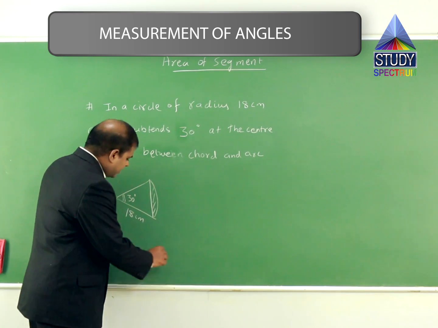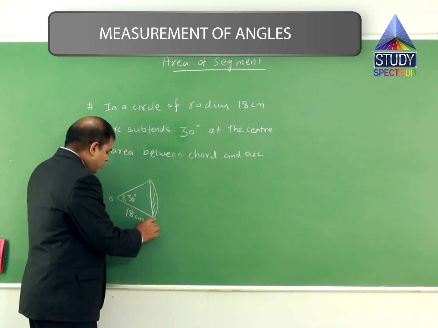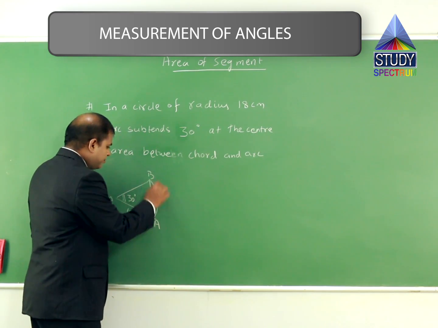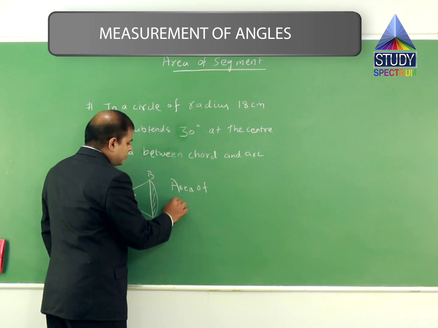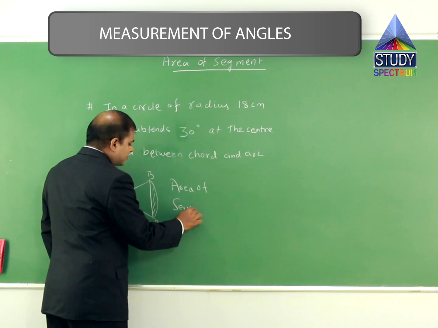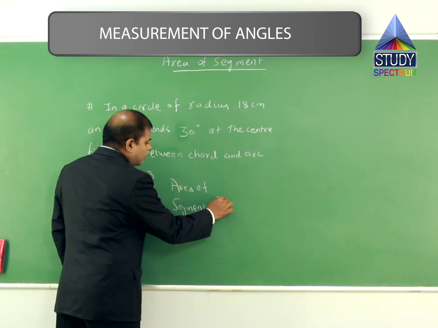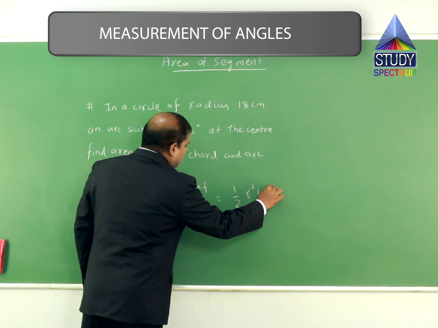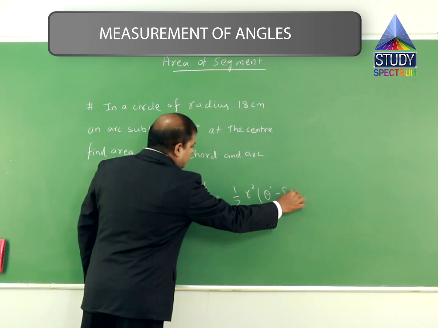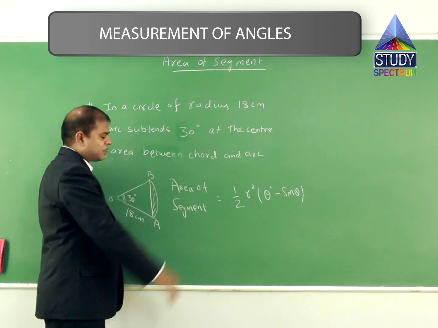Let's name this figure OAB. So the area of the segment is half r square, theta in radians minus sine theta. We have seen this formula just now.